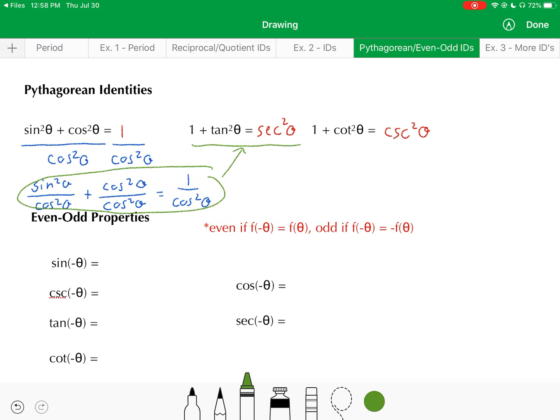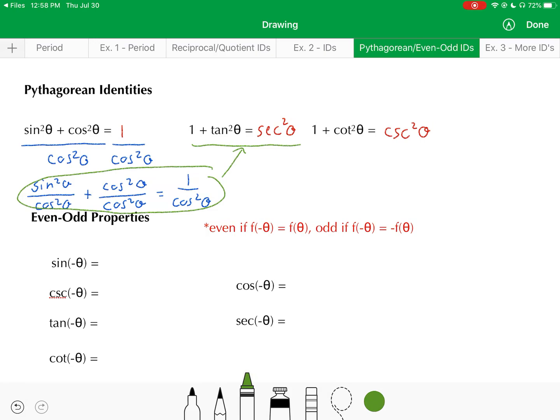Okay. All right. Now, last properties we're going to look at are the even and odd properties of our different trig functions, okay? So recall we looked at even and odd functions earlier in the course. For a function to be even, when you evaluate it with the negative of a value, it should result in the same thing as if you evaluate it with the positive of that value.